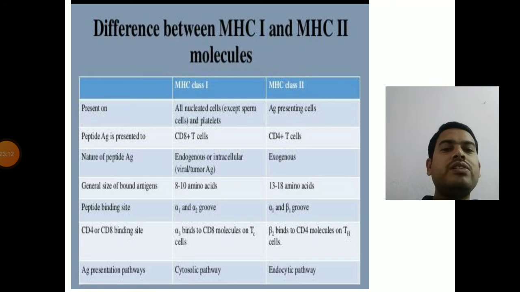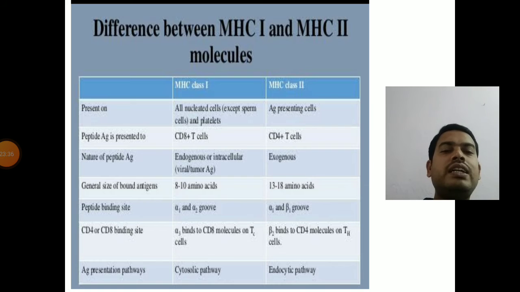Class 1 MHC molecules will process endogenous or intracellular antigens by the cytosolic pathway, whereas class 2 MHC molecules will engulf exogenous antigens, and by processing exogenous antigen by the endocytic pathway, they will present the antigens to T helper cells.